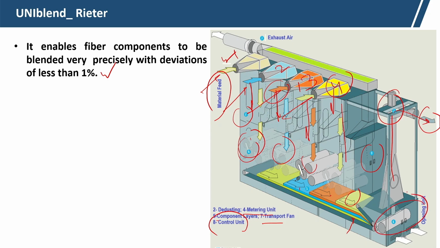According to this picture, fibers from 4 different feed channels come together at the exit point where the opening unit is. The opening unit opens the fiber and mixes it at this stage, and then the mixed fiber tufts are sucked here and move towards the next process.